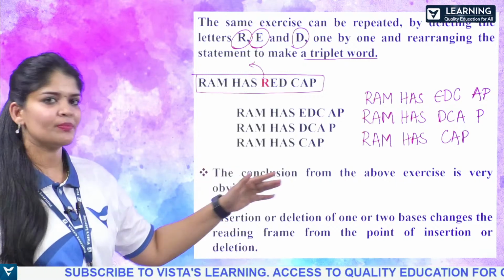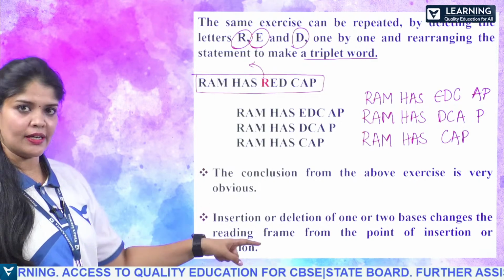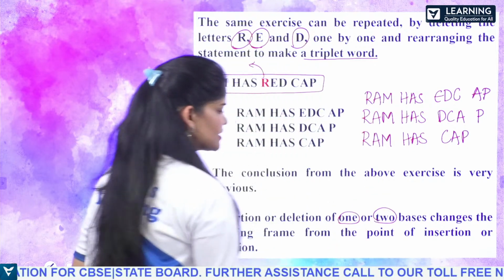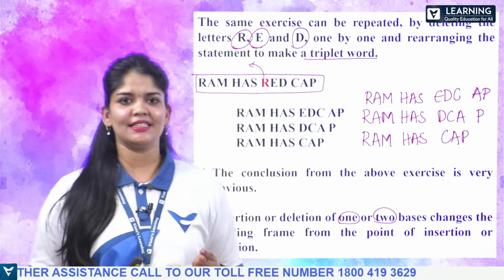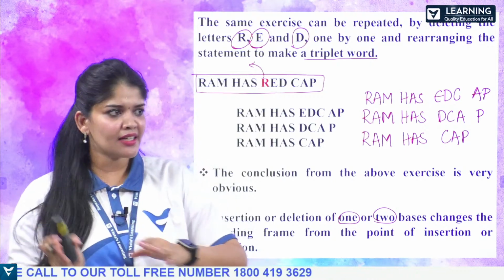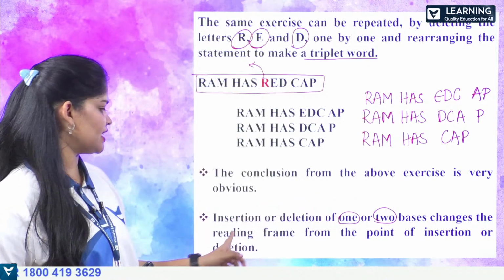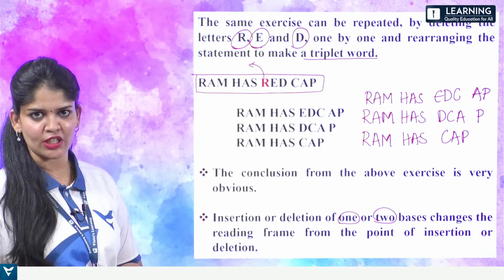So the conclusion from the above exercise is very obvious. Insertion or deletion of one or two bases changes the reading frame. Until it is 3 letters, the change in the entire reading frame is noticed, from the point of insertion or the point of deletion.